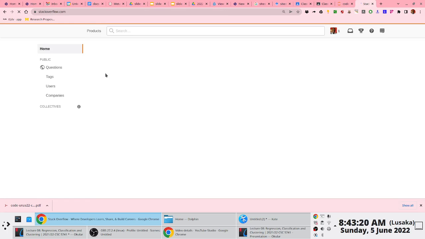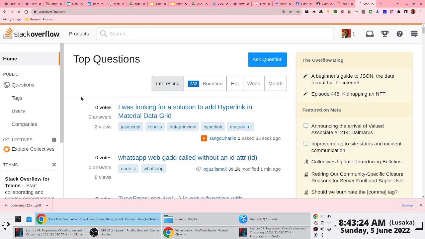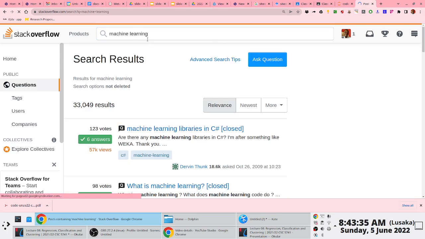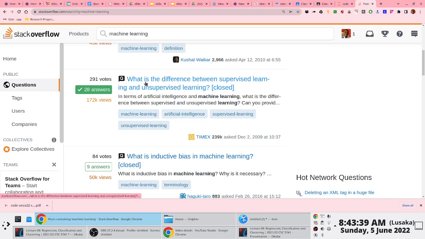Those tags could be keywords that will help people looking for questions. I'm just going to look at, let's say, machine learning, and see if we can find a question to do with machine learning. If you look at this question, it is associated with multiple tags.